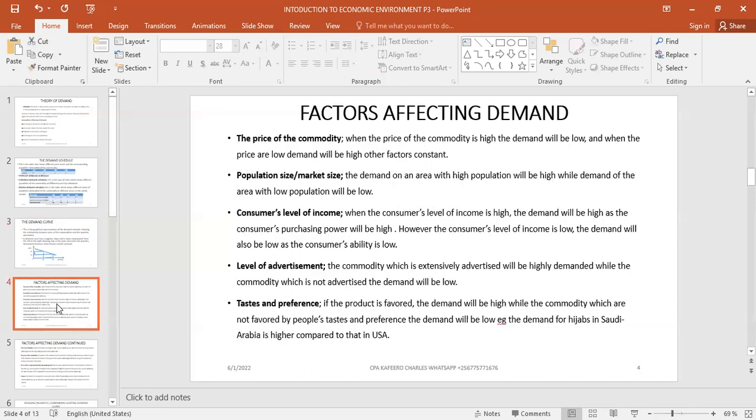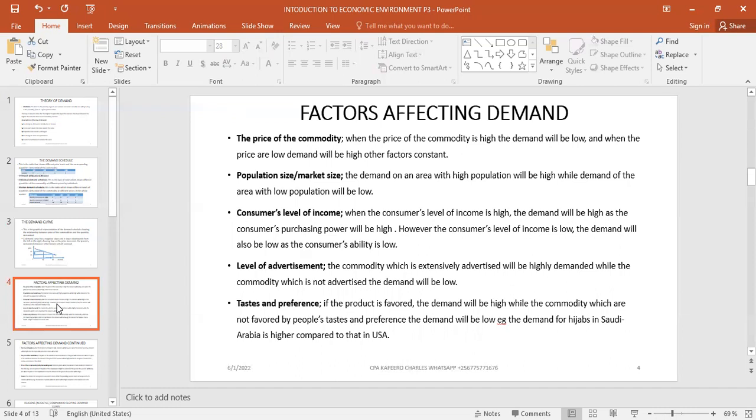So allow me to talk about some of the factors that affect demand, other than price, because we have been talking about how price is affecting the demand of commodities. So allow me to talk about the general factors that affect the demand of a commodity. We can start with what we have been looking at, the first one, which is the price of the commodity.